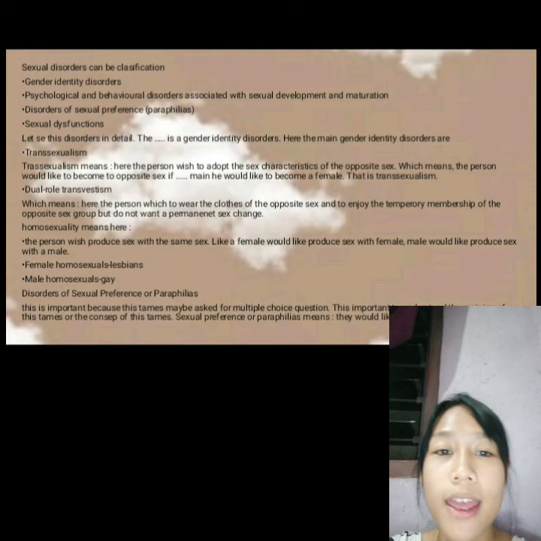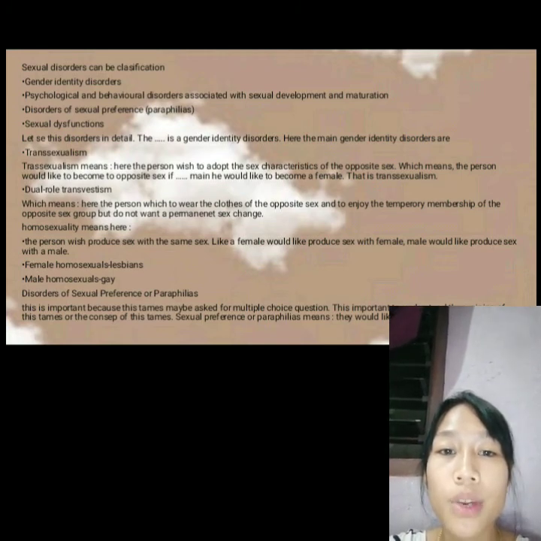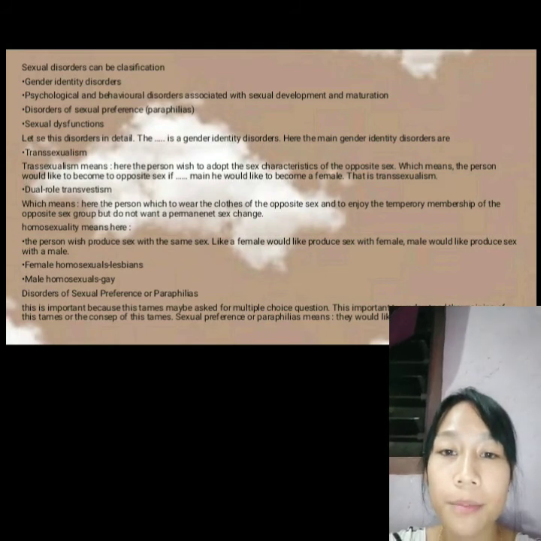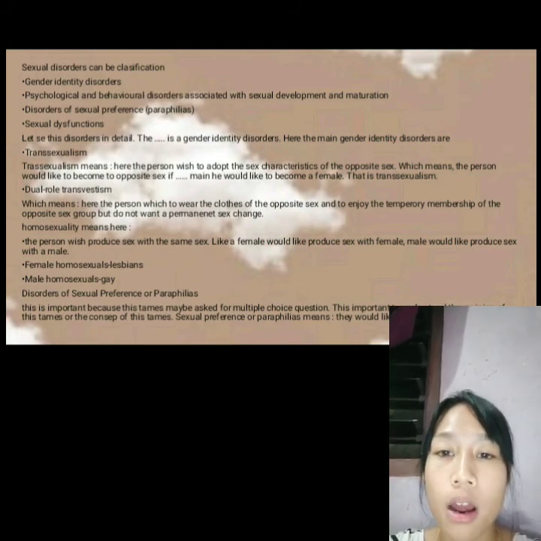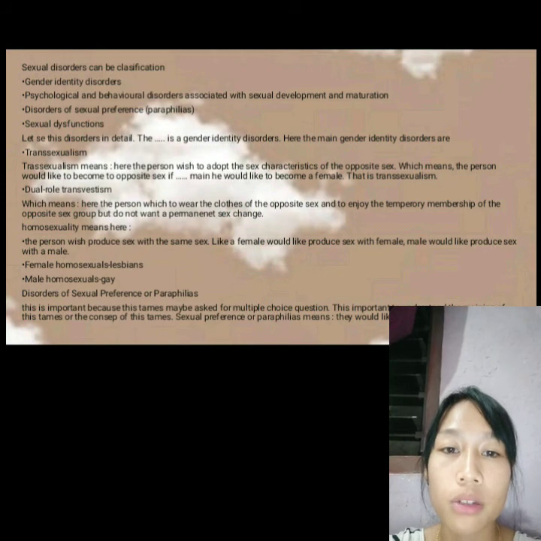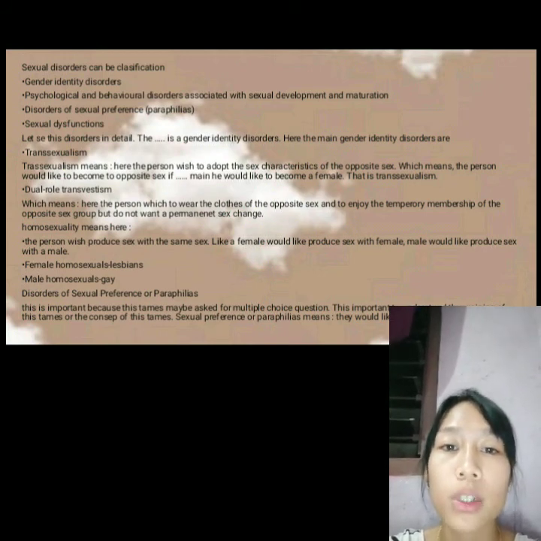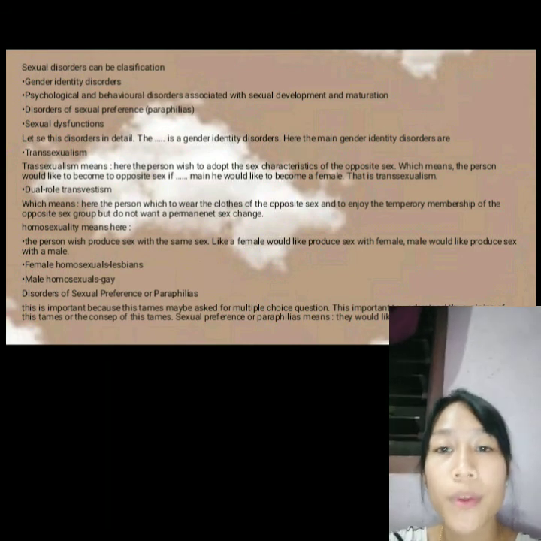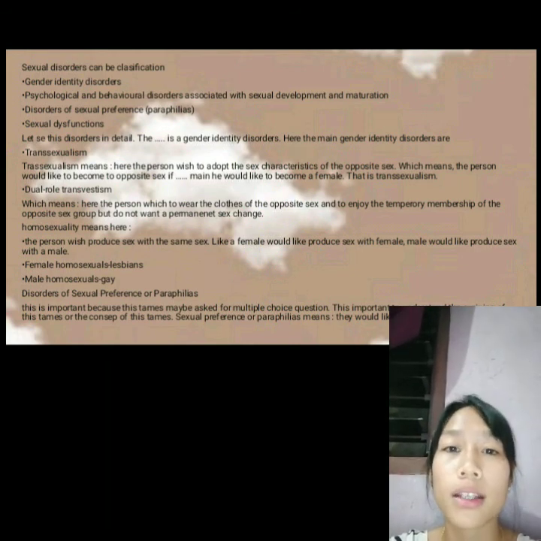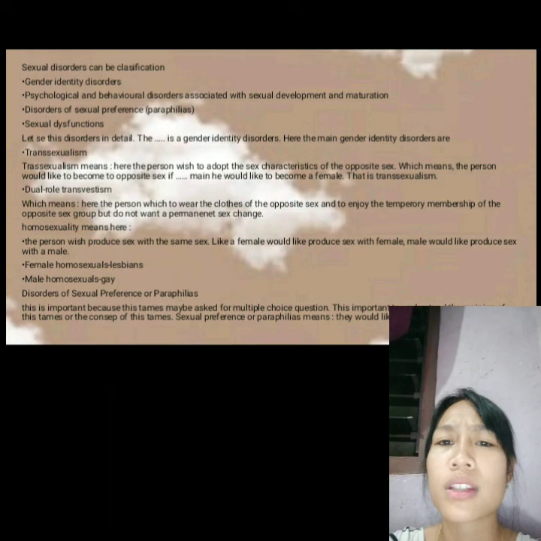Dual-role transvestism means the person wishes to wear the clothes of the opposite sex and to enjoy temporary membership of the opposite sex group, but does not want a permanent change, like a male would like to have sex with a female, and a female would like to have sex with a male.